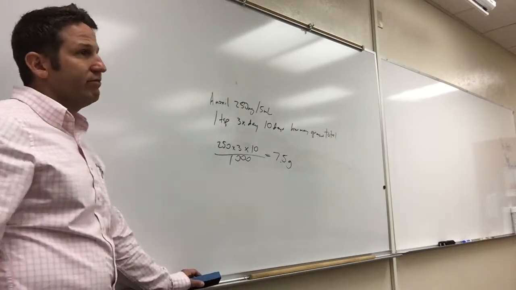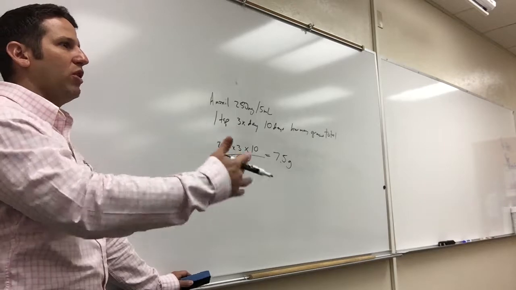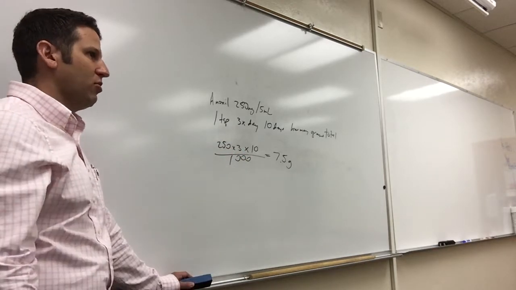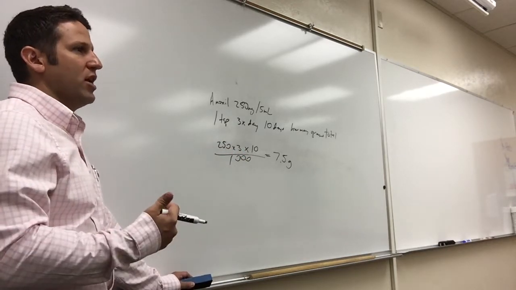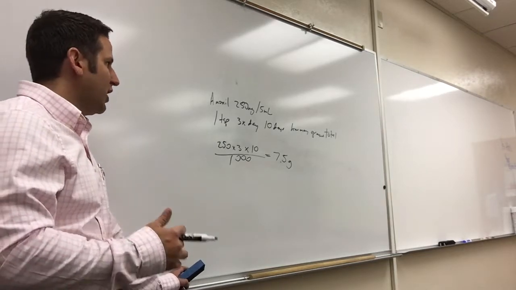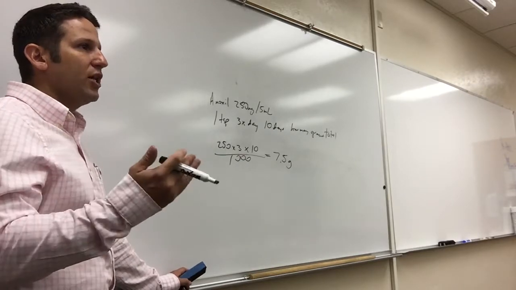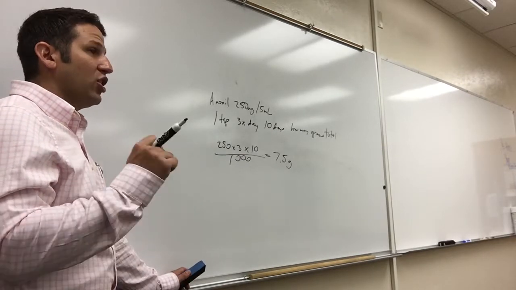I would accept that. That just shows me that you have a thought process and you're working through the problem. I just want to see how you're working through it. The preferred way is dimensional analysis if you can use it, but any way that gets you the right answer, I want to see how you got there, because if there's a way that clicks for you, then use it.